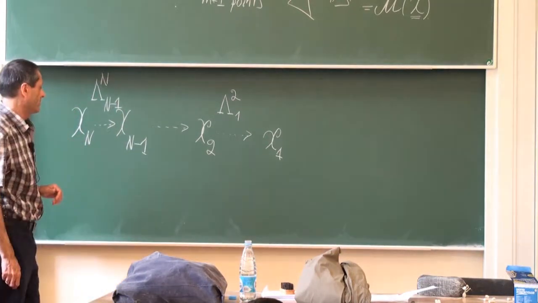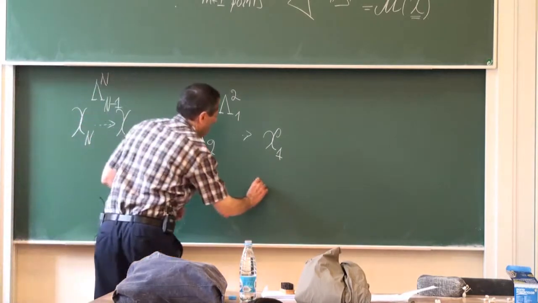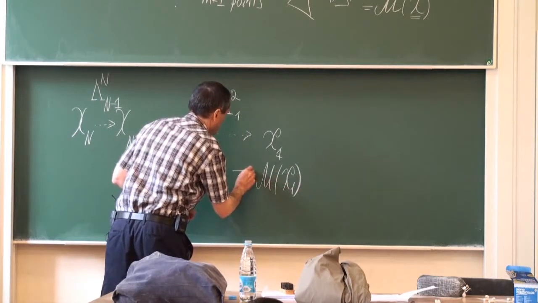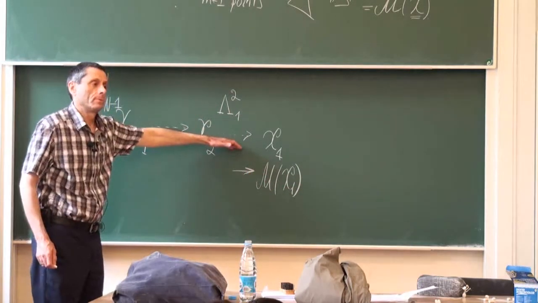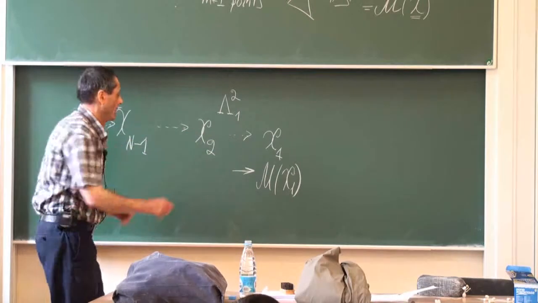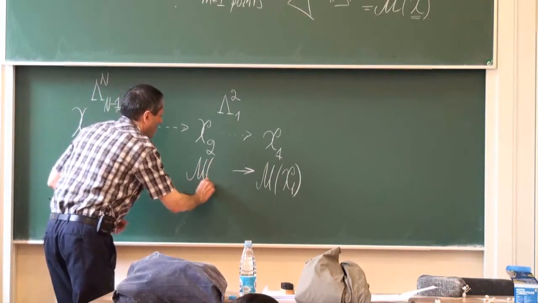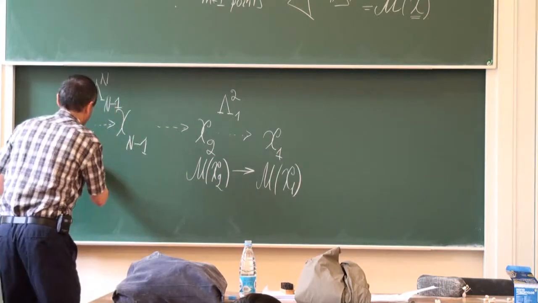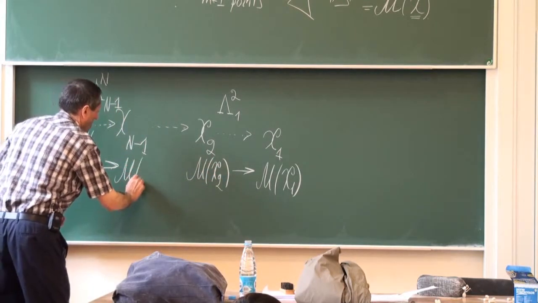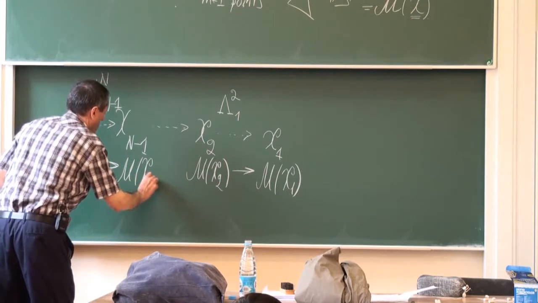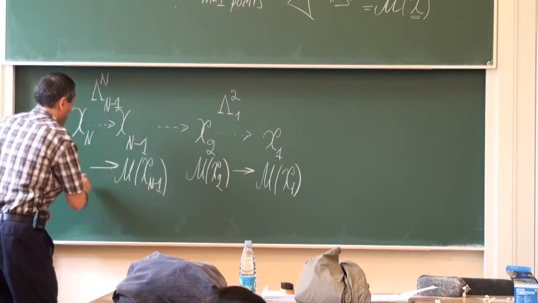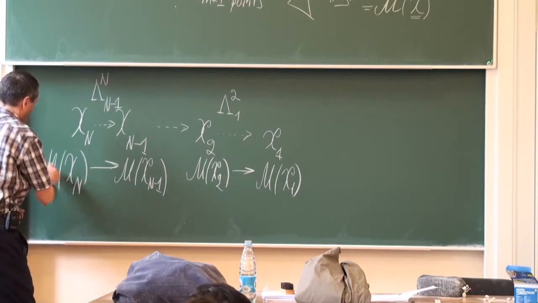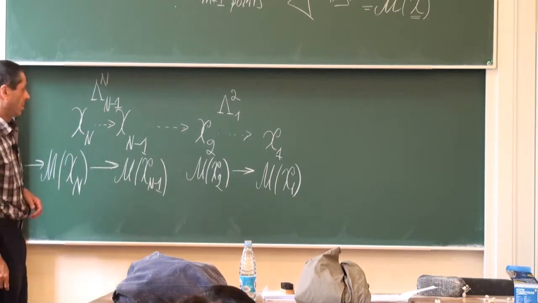And such a sequence induces a sequence of affine maps. These are not maps. These are Markov kernels. But here we get ordinary maps, and so on.